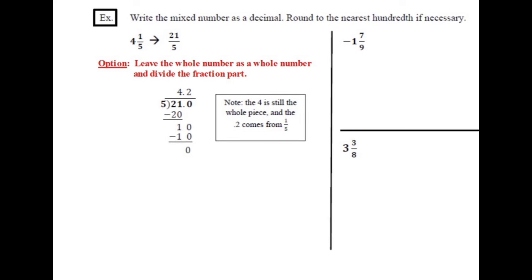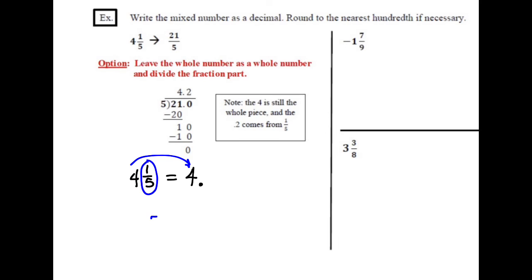Let's do it again below. Same problem, 4 1/5. I'm going to change it to 4 and now all I have to do is the 1/5 when I divide, because the 4 came over here.